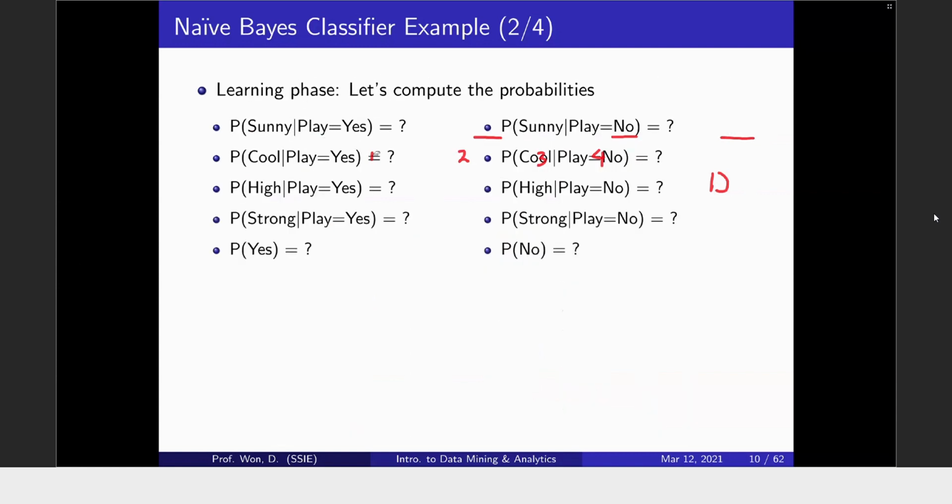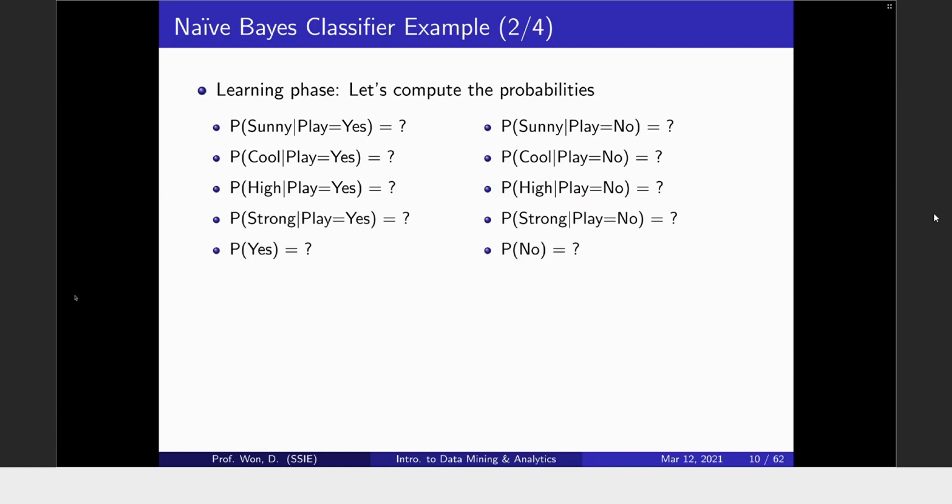So let's think about it from the previous example. What we need to calculate to apply the naive Bayes classifier: we need to extract a kind of patterns based on the situation. First, when we are going outside, what is the probability of sunny?